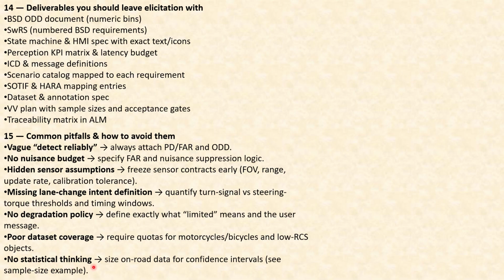Talking about no statistical thinking, size on-road data for confidence levels. See the sample size example in the previous slide, where I clearly discussed the sample size. So these are the common pitfalls that may happen during requirement elicitation, and they must be avoided at any cost.